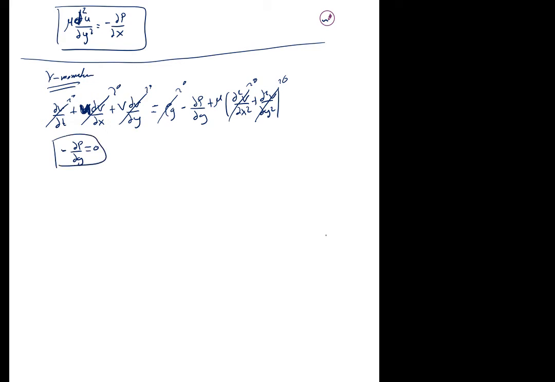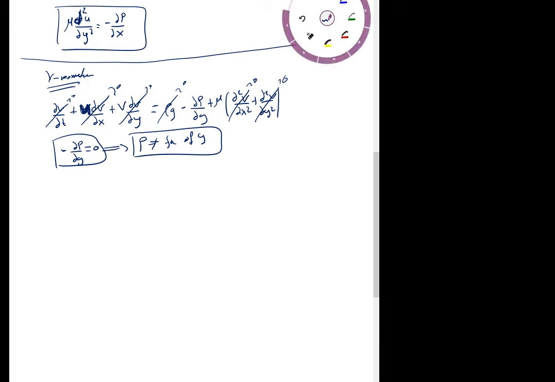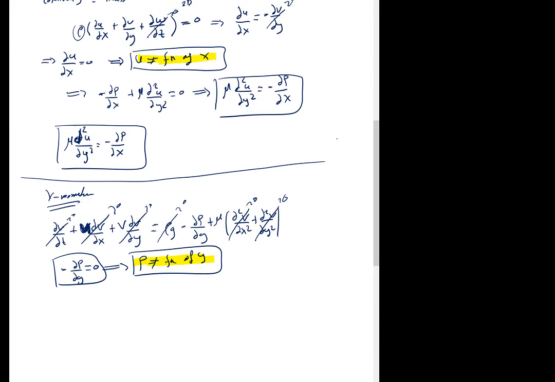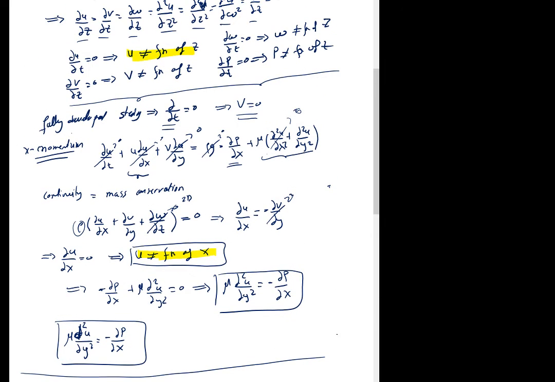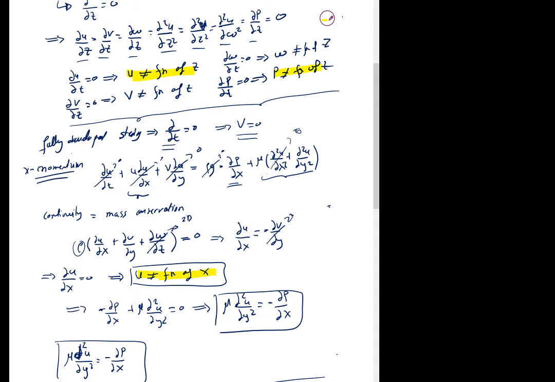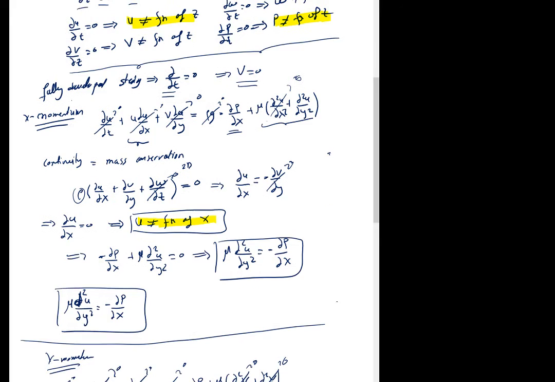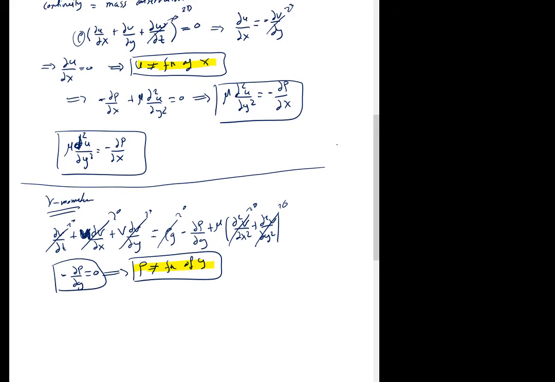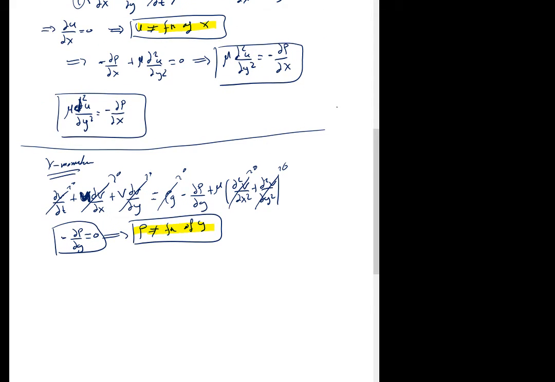Is this important? Sure. Why? Because from here I can say p is not a function of y. So what does this mean? It's important. I have p not a function of y, and I have stated that p is not a function of z. It means p is a function of x alone.